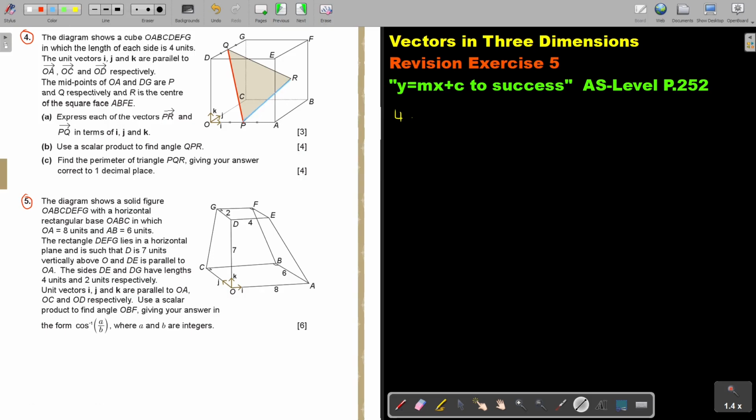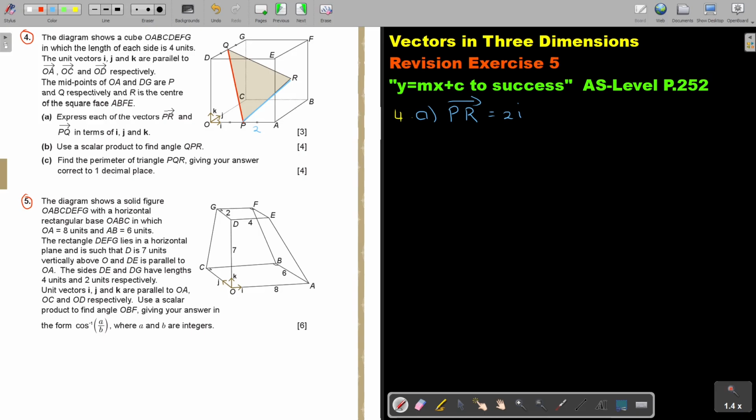Now, by just checking it out on here, let's start with part a. So PR. First your i, that is 2, so it's going to be 2i, and it's in the positive direction.